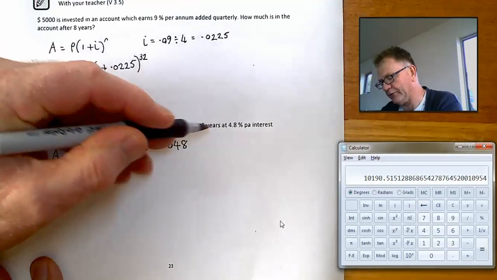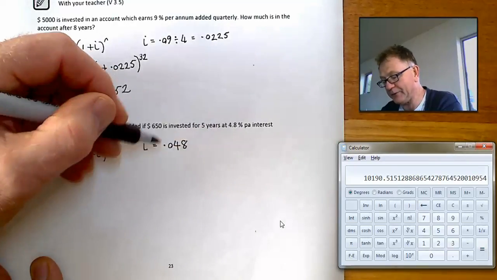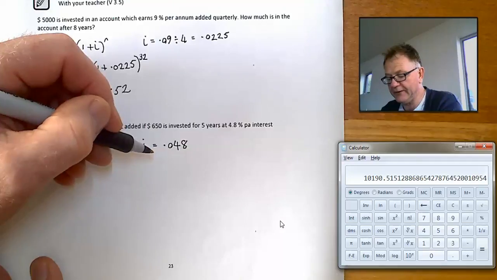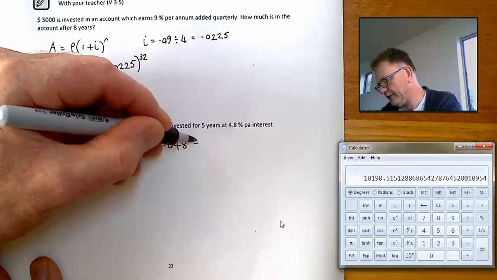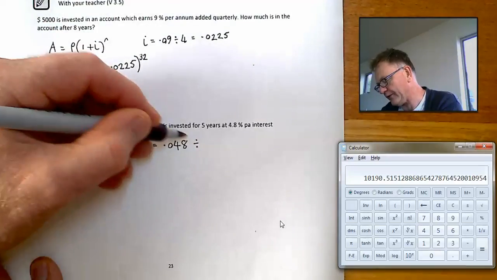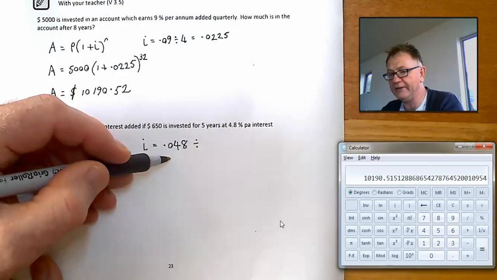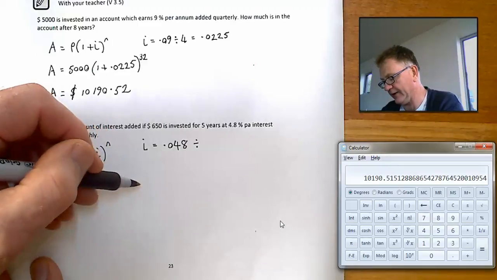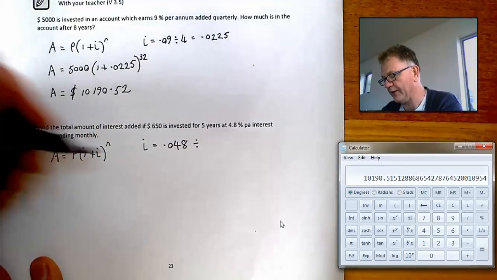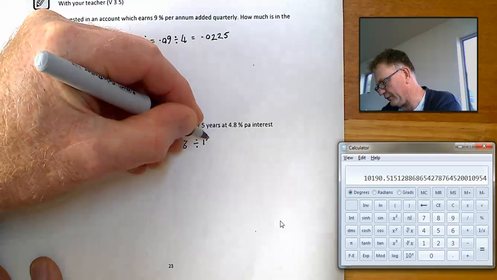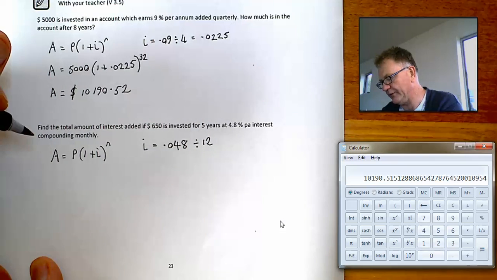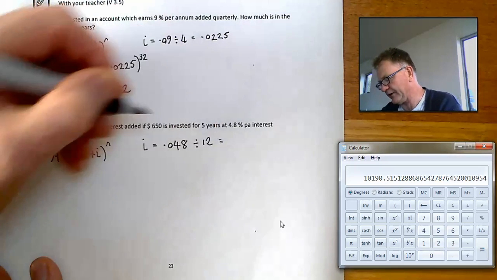If you want to, just go 4.8 divided by 100 to get your interest rate as a decimal. But we need it per month. That's how much they would add every year if they were adding annual interest, but seeing they're adding it every month, they will give us 1/12 of that. So we'll need to divide it by 12 to get the monthly interest rate.